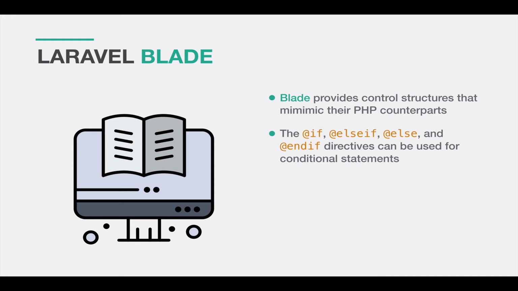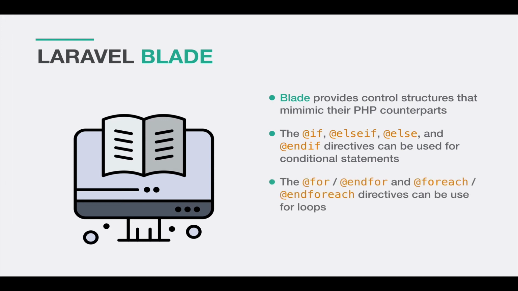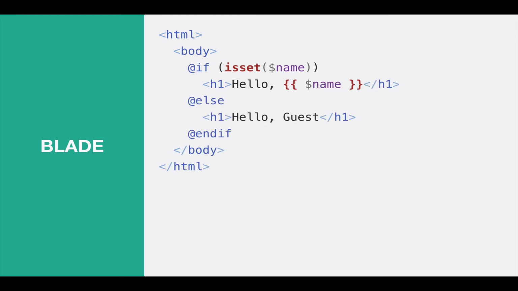Okay, so these are different directives which allow us to do the if conditional statements. We also have directives for loops. So we have for and foreach. Just note that we have to do @for and @endfor and @foreach and @endforeach. Okay, and they get wrapped around HTML. So we're going to see here an example.